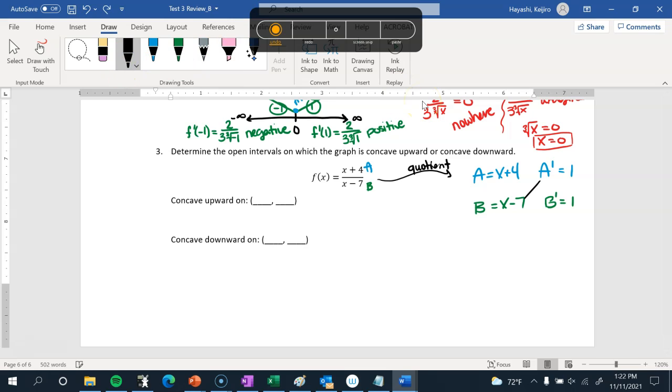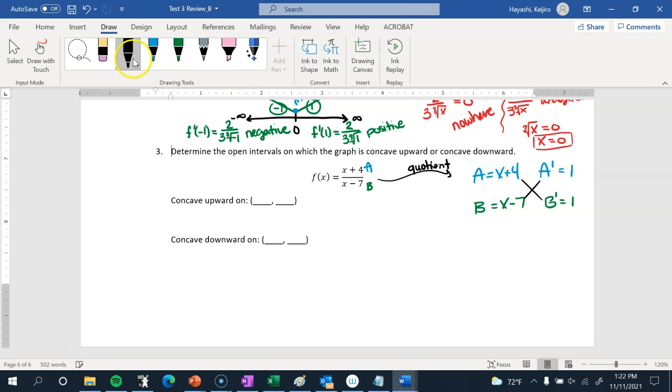Now in the quotient rule they go together like this, just like in the product rule, but in the quotient rule specifically, the order matters. A prime goes first in the quotient rule.